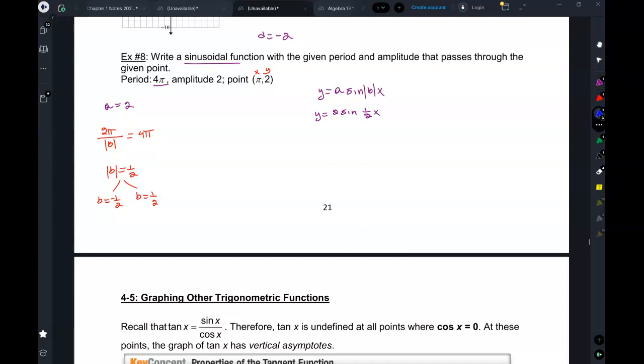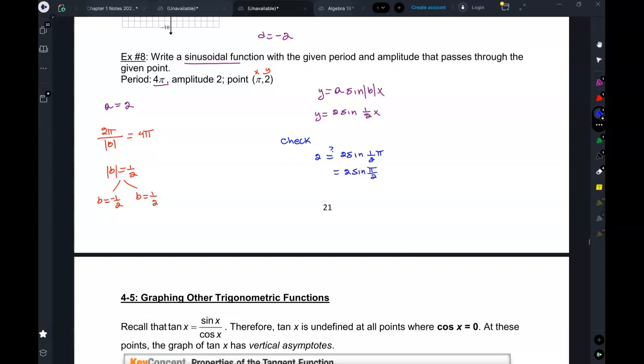Let's check. Is 2 equal to 2 sine half a pi? Is it? What do you think? What's this? 2 sine pi over 2.